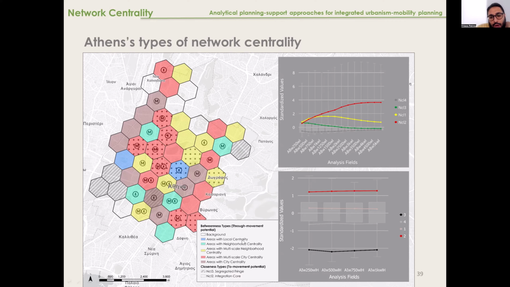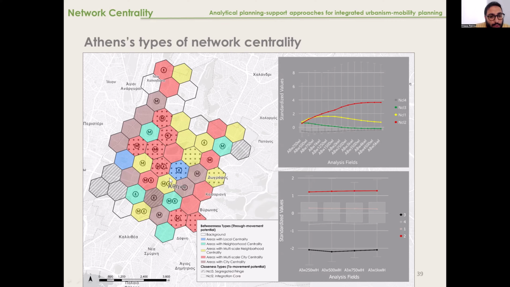And we have areas with local centrality, with neighborhood centrality, but also areas with diverse movement, as multi-scale neighborhood, multi-scale city centrality. And on top of that, we also have whether they are integrated or segregated.